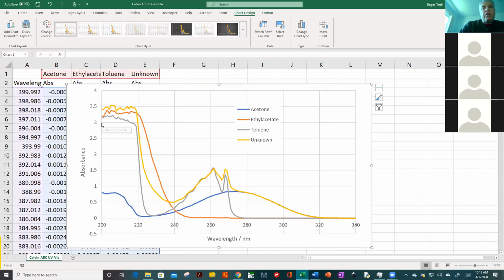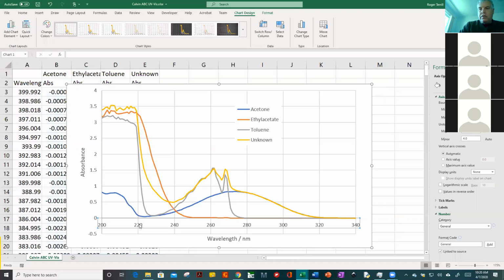And it happens at a value of 3 because 3 is where the light power is 1/1000th of the blank light power. So what this flattening tells us is that we have no information at this wavelength. So I think we have to limit this actually to 225 nanometers.